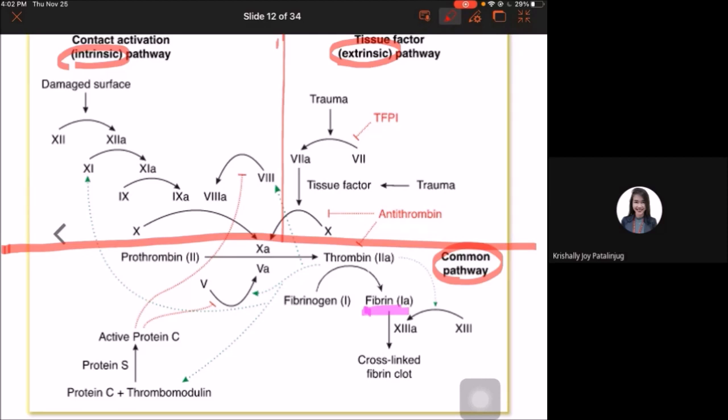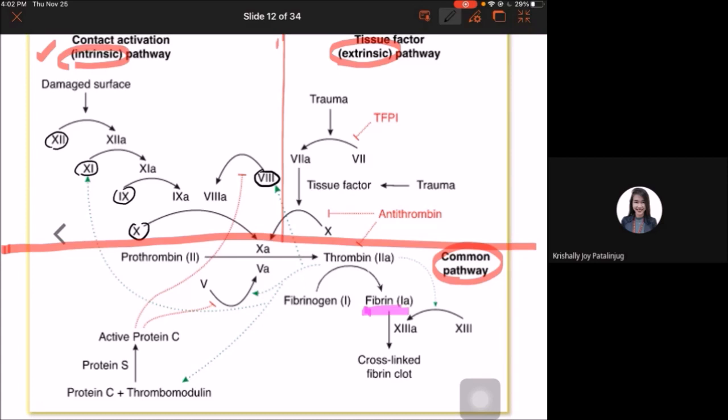So, for instance, in the intrinsic pathway. Examples of clotting factors that are assigned, we have here clotting factor 12, 11, 9, and 10, and so on and so forth. Kasali din si 8 dito ha, kasali si 8.